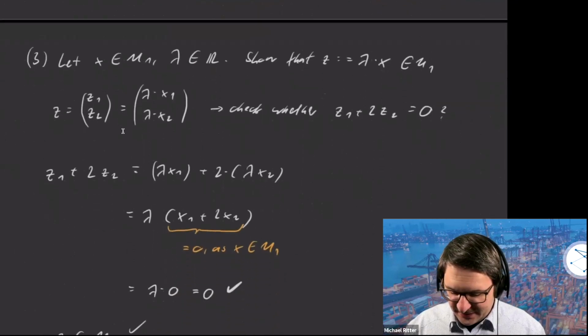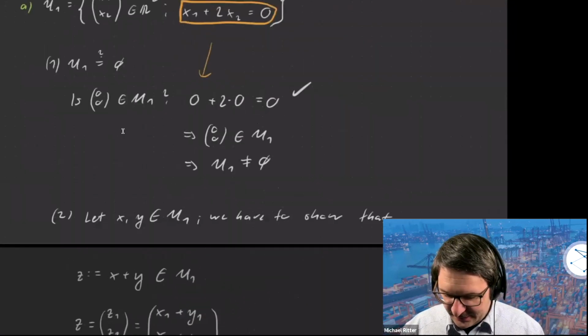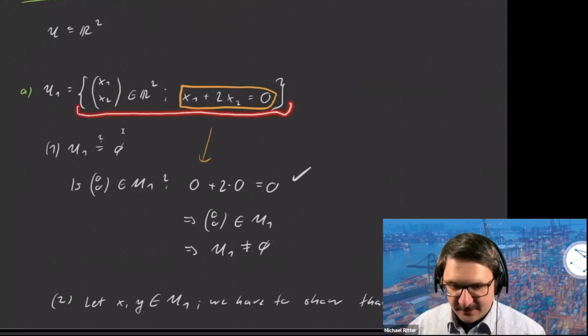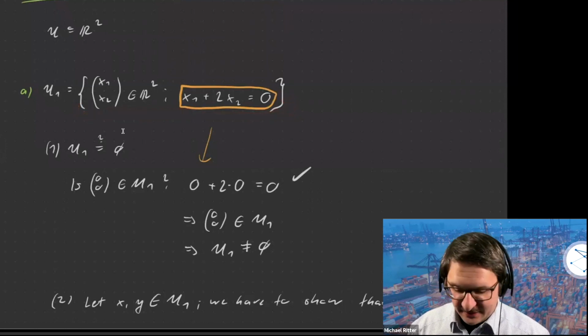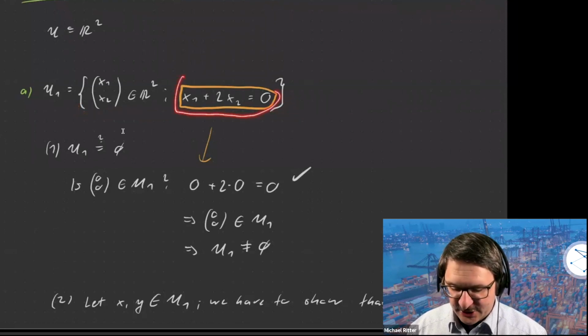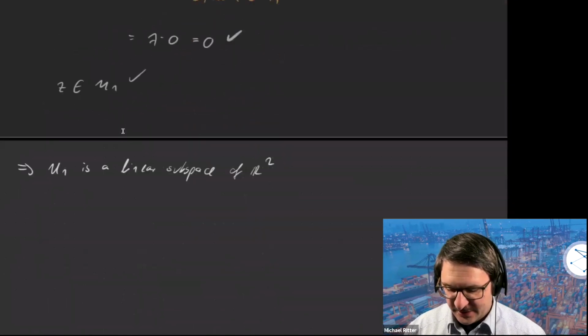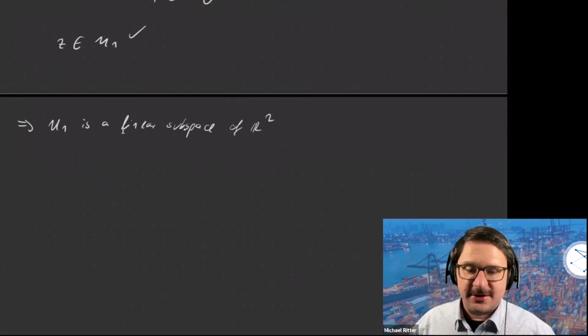Just one more thing I'd like to mention. You might have noticed that in the definition, U1 is actually defined using a linear equation. So using all the facts that we know about solution sets of linear equations, that proof could have been much shorter.